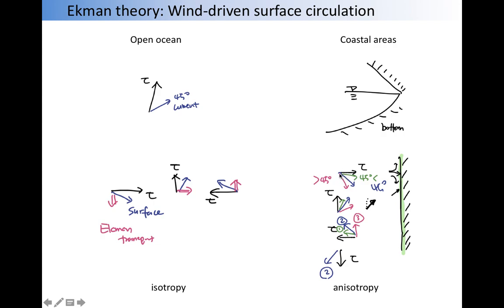For example, blue indicates exactly 45 degrees as we see in the open ocean, green will be less than 45, right? Red is greater than 45. One difference between the open ocean and the coastal area: you have wind generating surface currents, and the coastal area has a constraint on flow, or water may not penetrate this boundary.